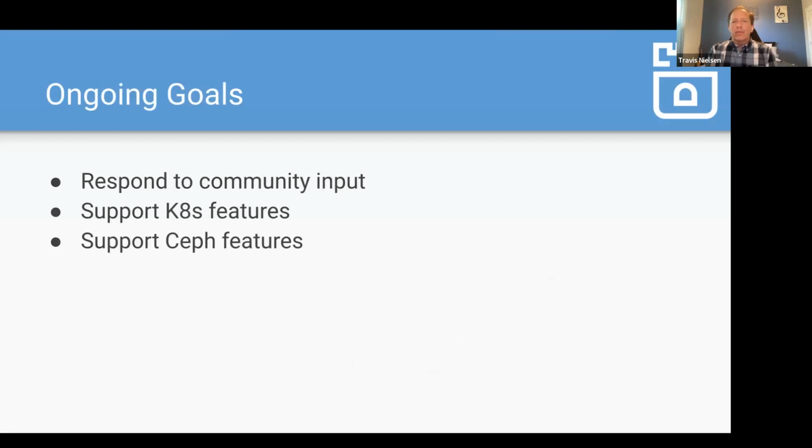And to finish up the Rook intro, our ongoing goals with the project are to respond to community input. We want to know what people need with storage, and what Kubernetes features continue to come out. Kubernetes is always releasing more features. How can we build on them?